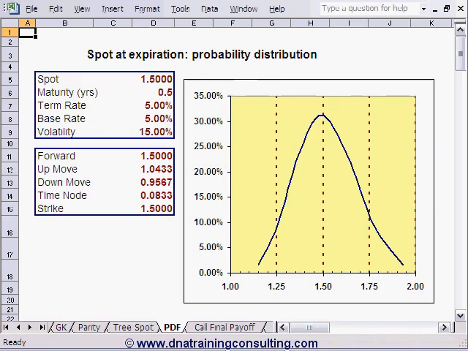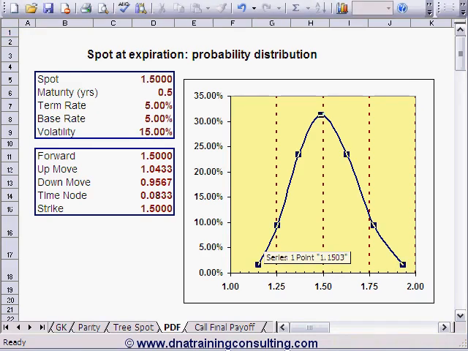On this worksheet, PDF, which stands for Probability Distribution Function, you see a graph which plots the final outcomes for Sterling spot against their probabilities given by the height for each of these points.